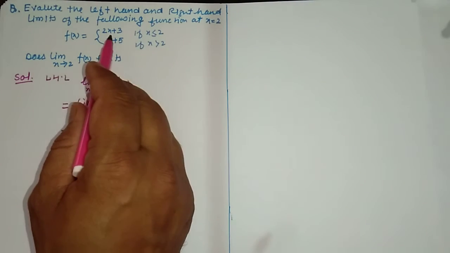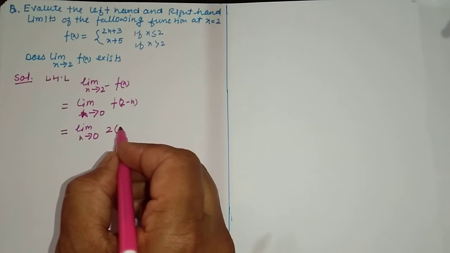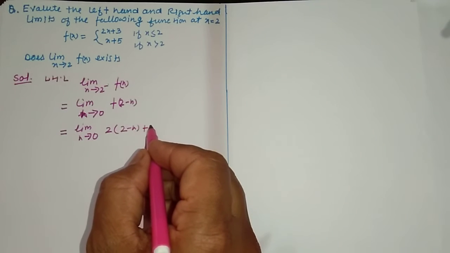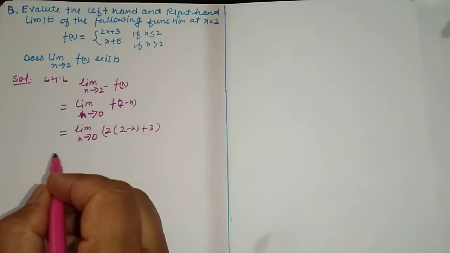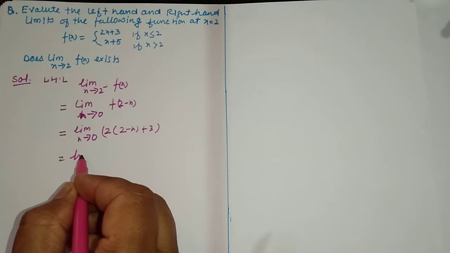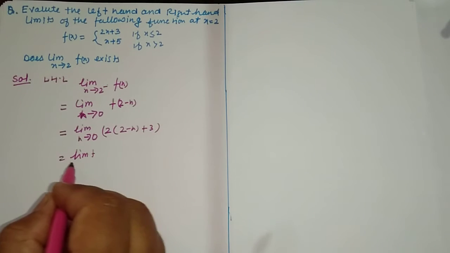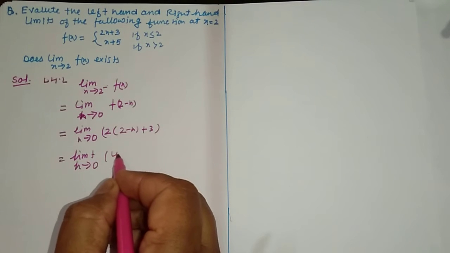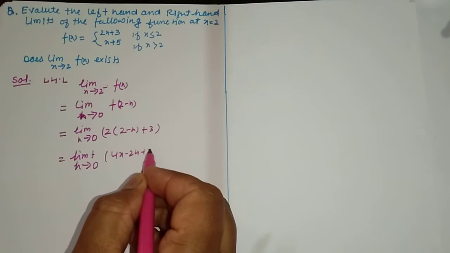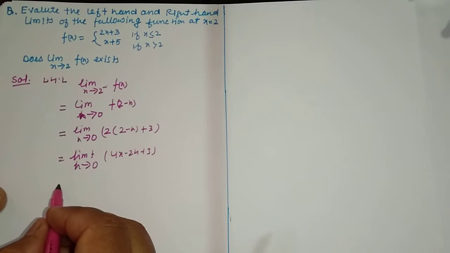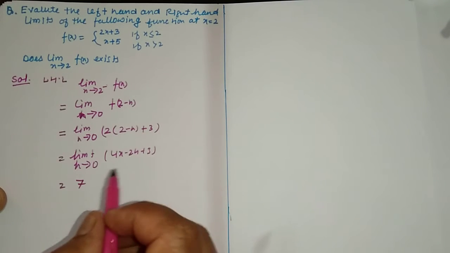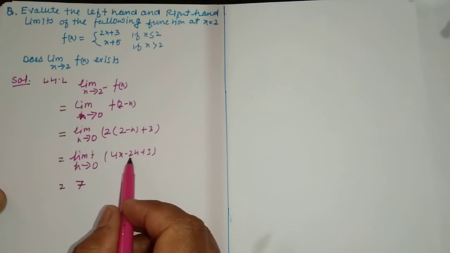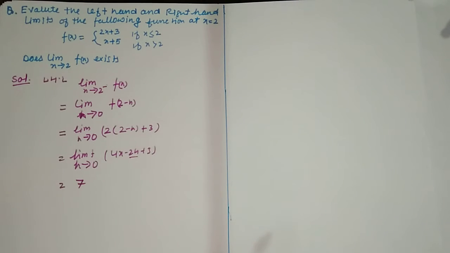In place of x, what do we have to put? 2 minus h, plus 3. Limit h tends to 0, 4 minus 2h plus 3. Clear? And finally we can write it as 7. Because h is very close to 0, we can treat it as negligible, so we have 7.